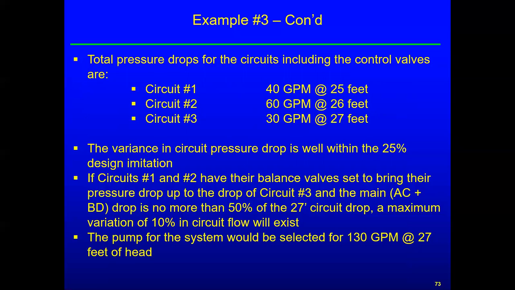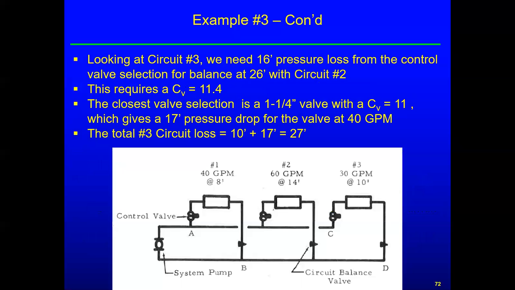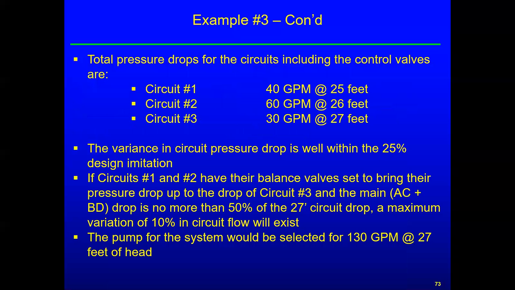Also note that when selecting a pump for this system, if we look at our flow requirements, we've got 40 and 60, which is 100, plus 30 is 130. So that's the 130. And notice now we don't add these up.